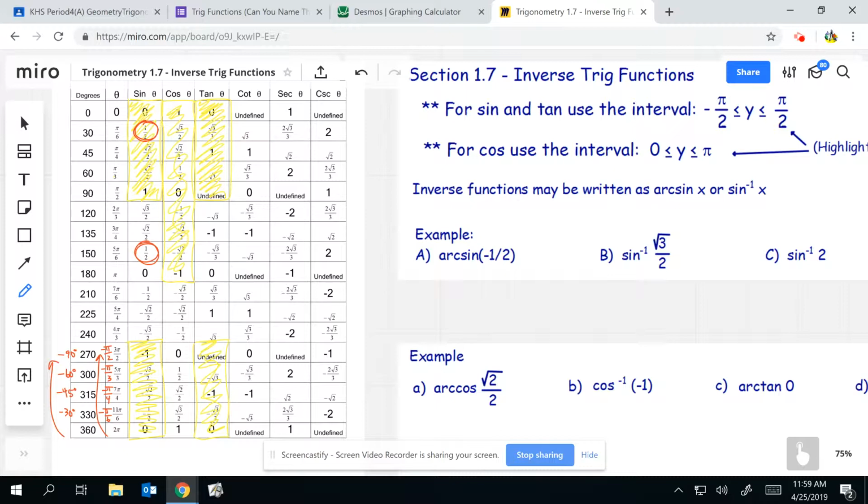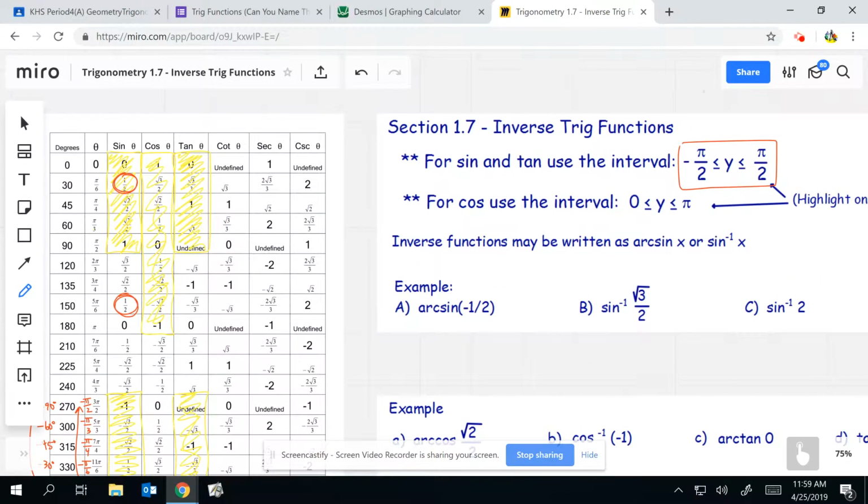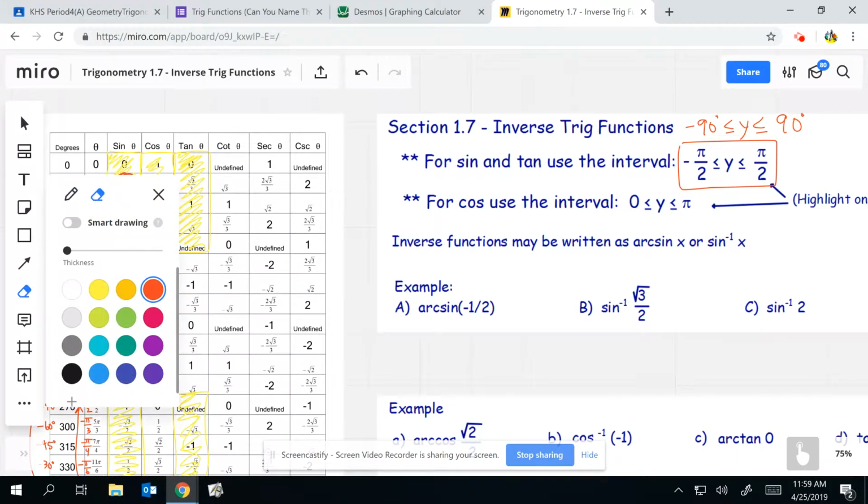The calculator is going to give you the value that is between this interval right here, between pi over 2 and negative pi over 2. And in degrees, it would be negative 90 degrees and positive 90 degrees. So it's going to give you a value inside of that interval.